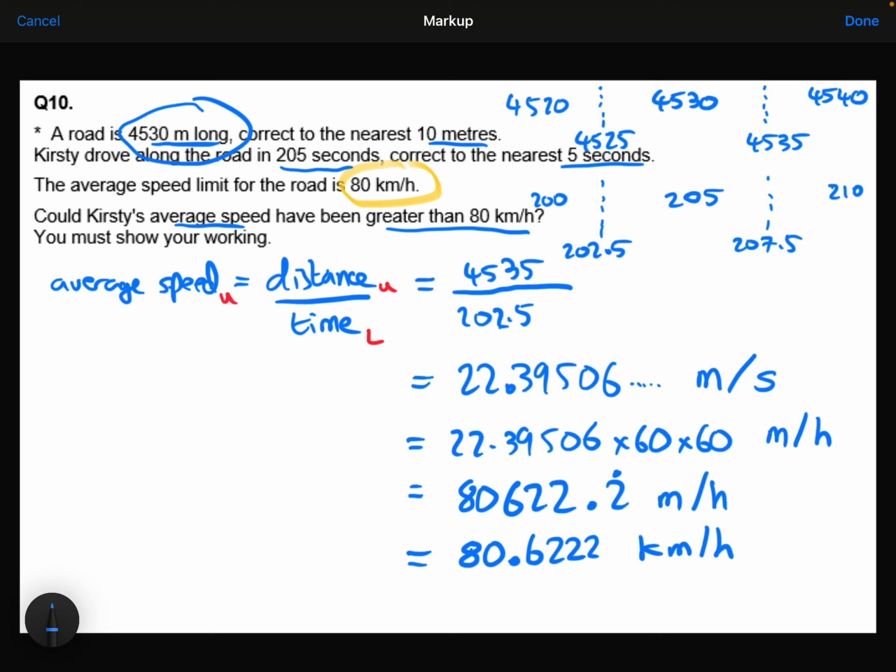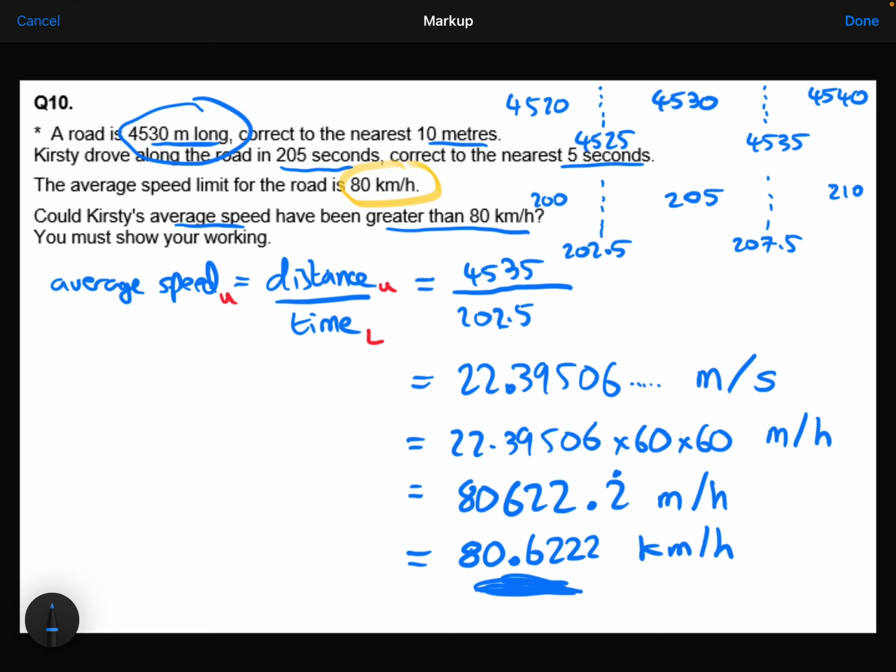So, could her speed have been greater than 80? Yes, it could possibly have been. Her average speed could have been above 80. Unlikely, because we found out that the maximum it could possibly have been is 80.6, which is only slightly above 80. So it's unlikely, but it is possible that she could have been travelling at that upper bound.